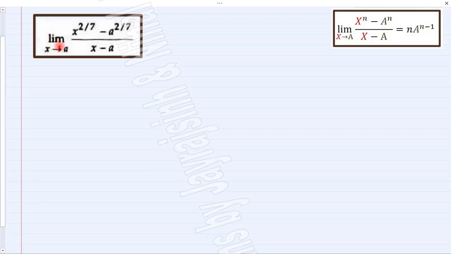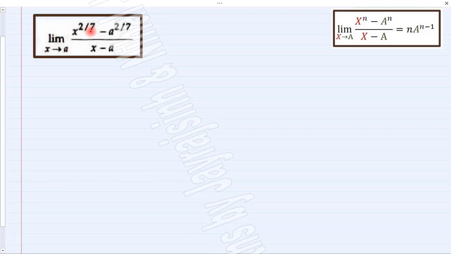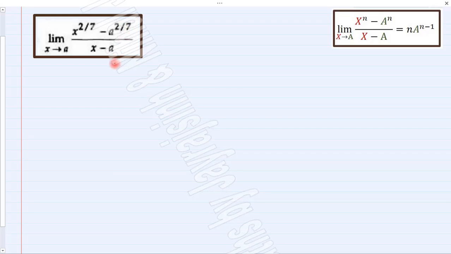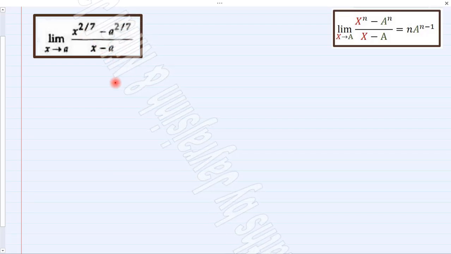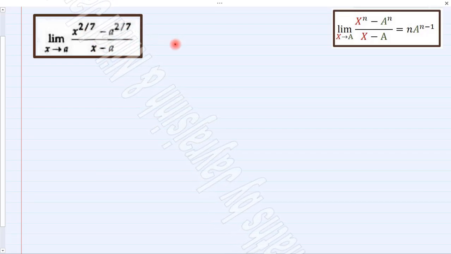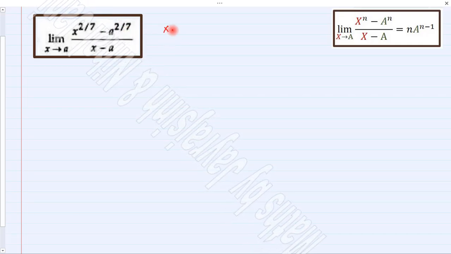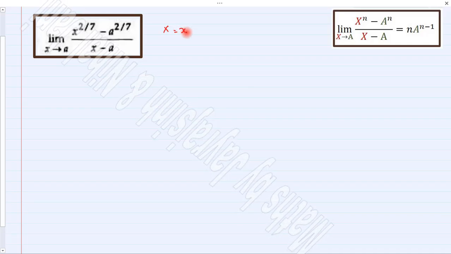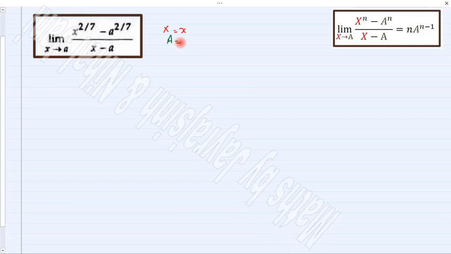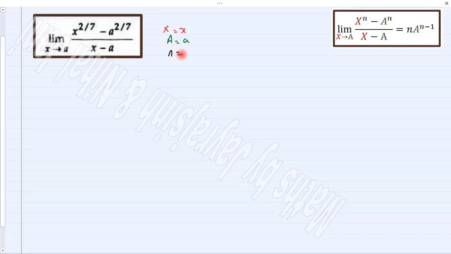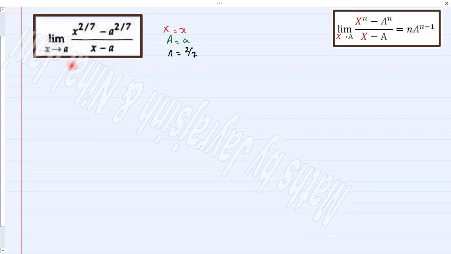In this question, we have the limit x tends to a of x raised to 2 by 7 minus a raised to 2 by 7, upon x minus a. If we compare with the standard form, you can say your X is x, your capital A is small a, and your n is 2 by 7.